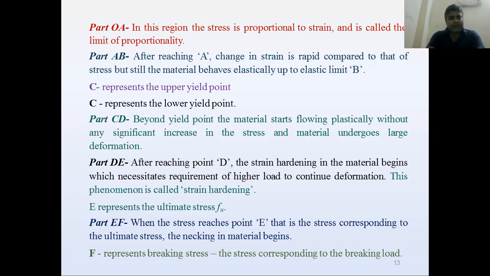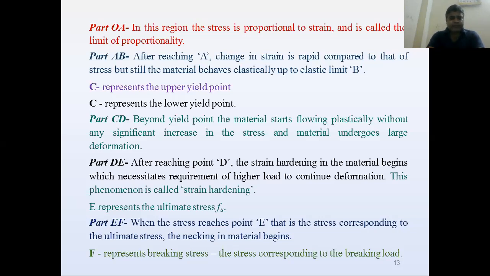Part DE: after reaching point D, strain hardening begins in the material, which requires a higher load to continue deformation. This phenomenon is called strain hardening, and point E represents the ultimate stress, which is the maximum stress in the curve.